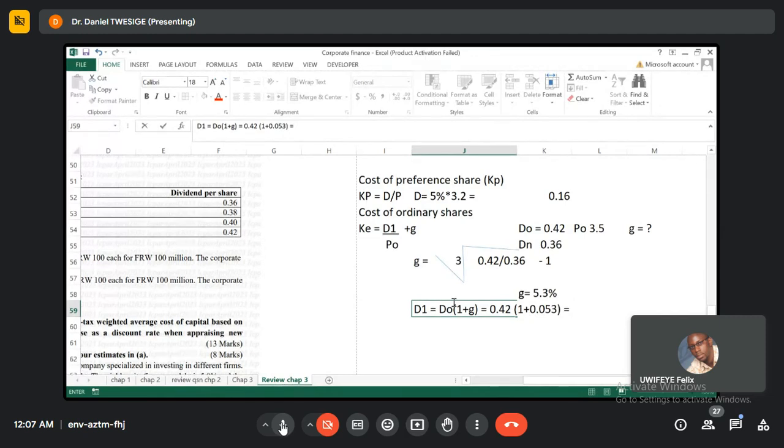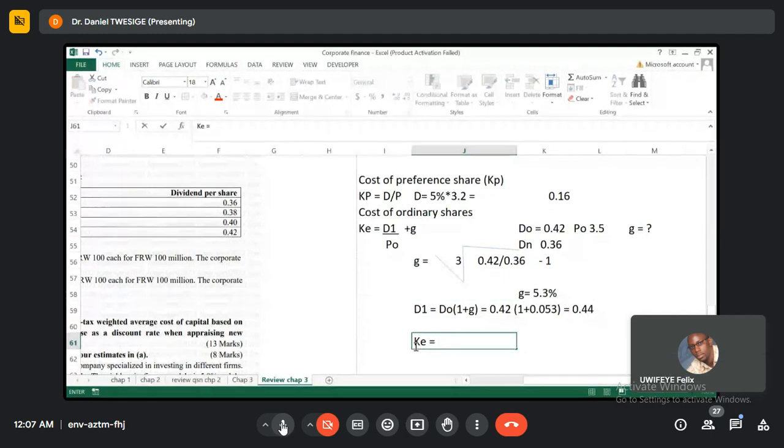And you get what? 0.44. So you can now substitute to get your KE.